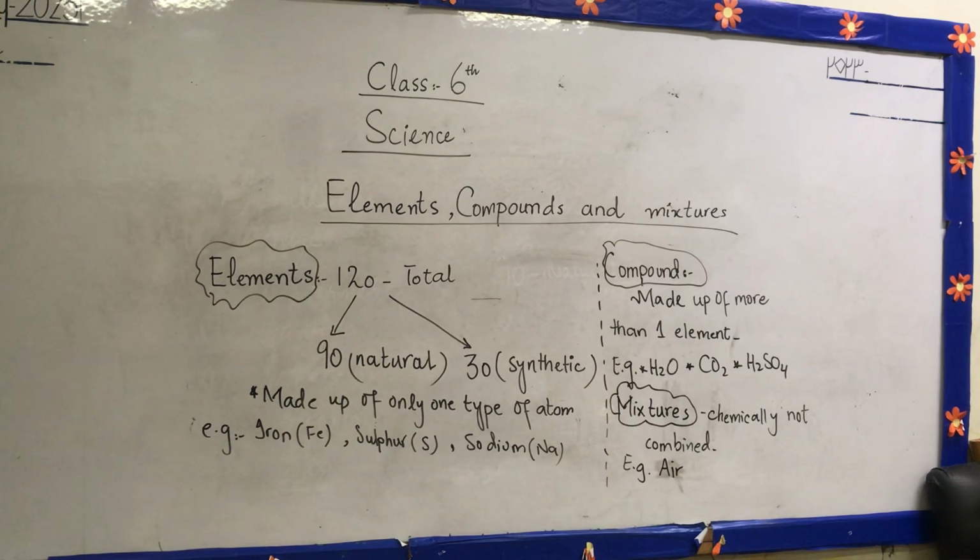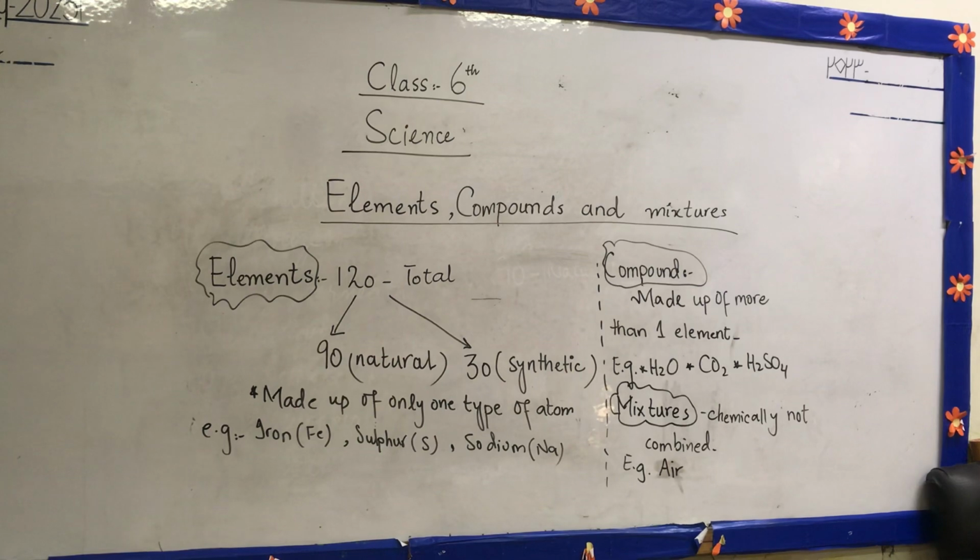Noble gases. So what are noble gases? Yes, very good. Noble gases are those gases that are very inactive, dormant. They do not want to react with other gases. They are very reluctant. So noble gases include helium, neon, argon, krypton and xenon. So we know that air is a mixture of a lot of gases.